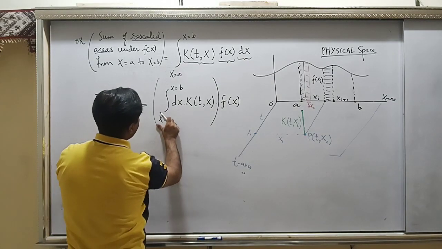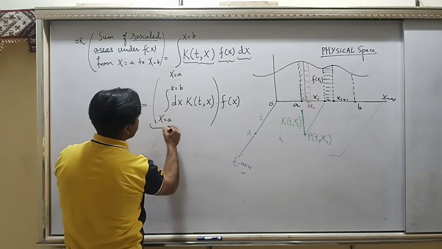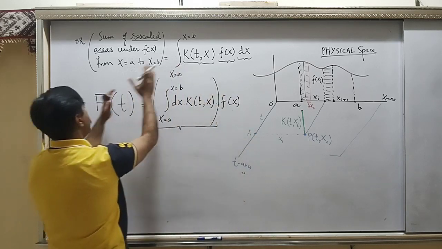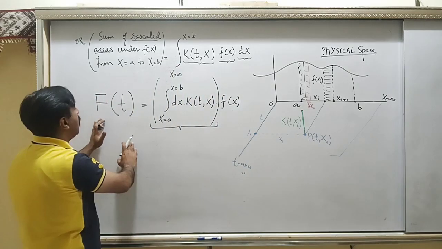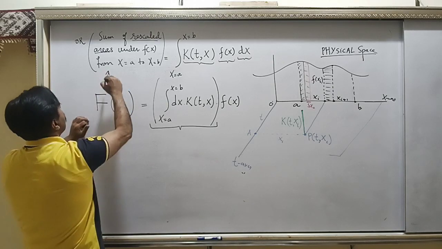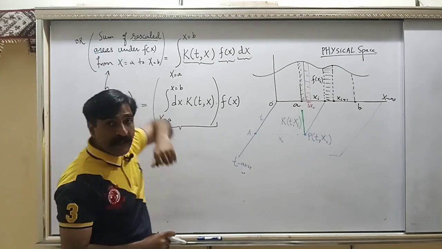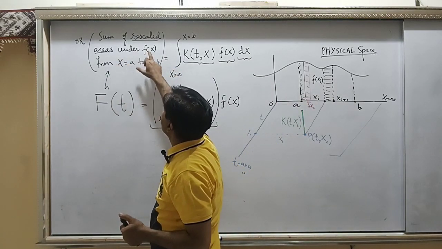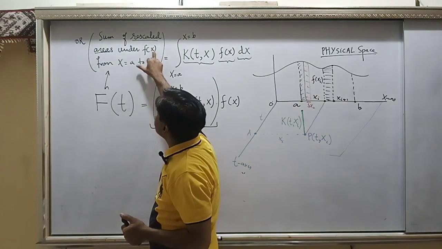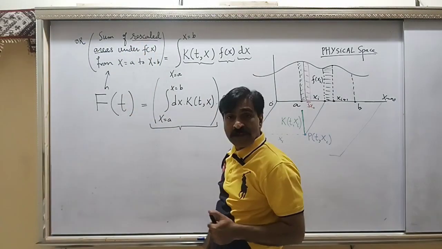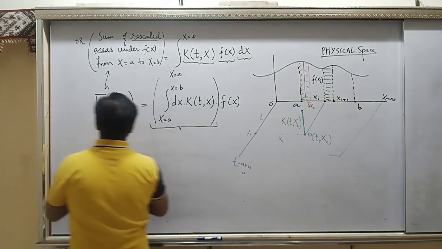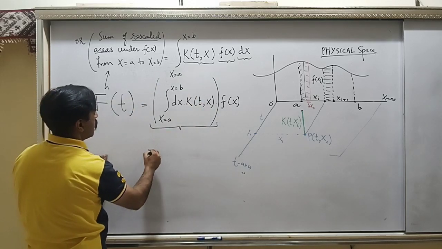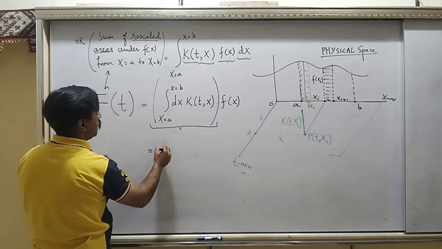So you can look, this is your operator which is acting on f(x), and it is giving you a new function, right? And the new function has its meaning here as well. The new function is again the sum of the areas of the thin rectangles under f(x), but these have been rescaled by the kernel function, right? So you can write it as, this operator is written with this symbol.